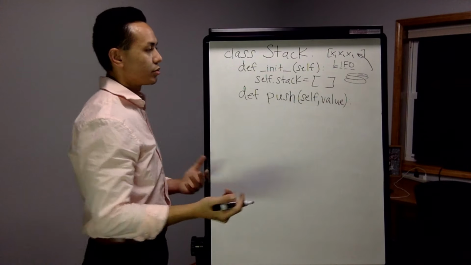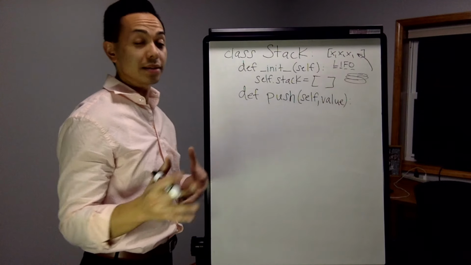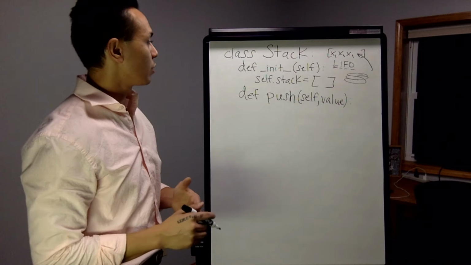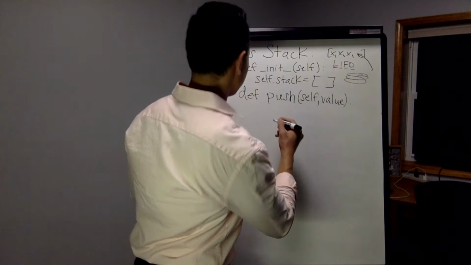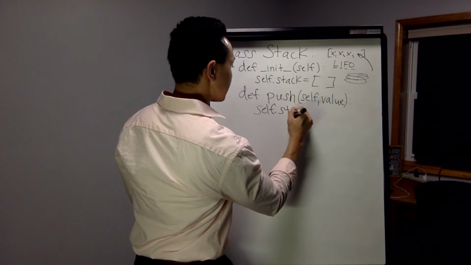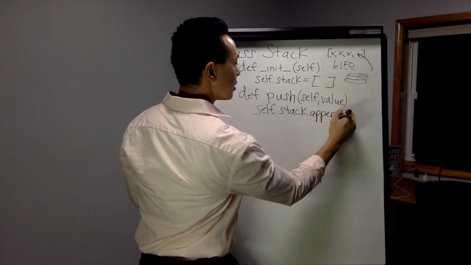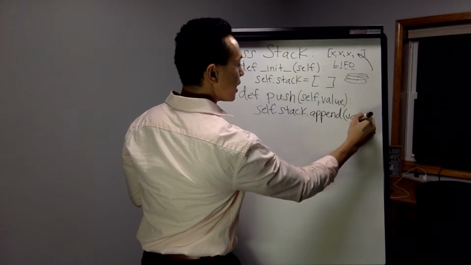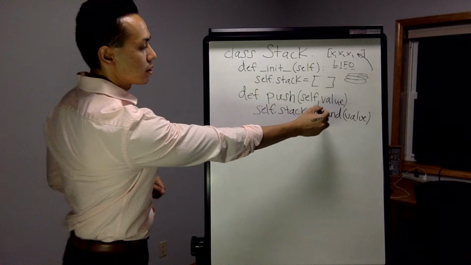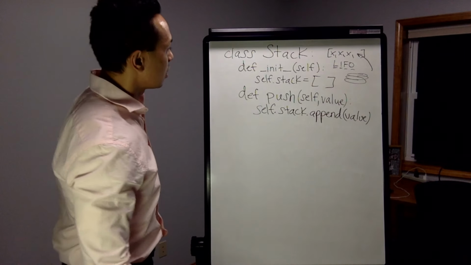And so the way we're going to do that is we're also going to use the append method that we did with the queue class. So we put self.stack.append, and we're just going to pass in value there as the parameter for the built-in append. That's good. Cool. All right.